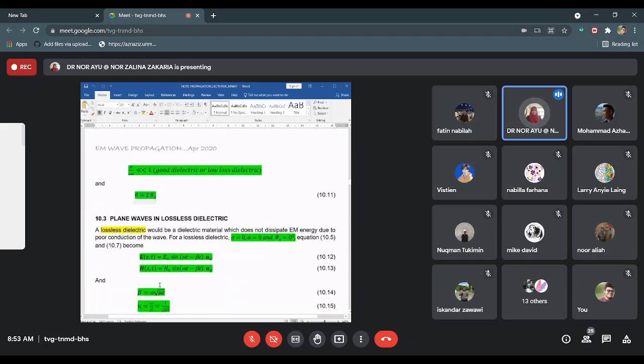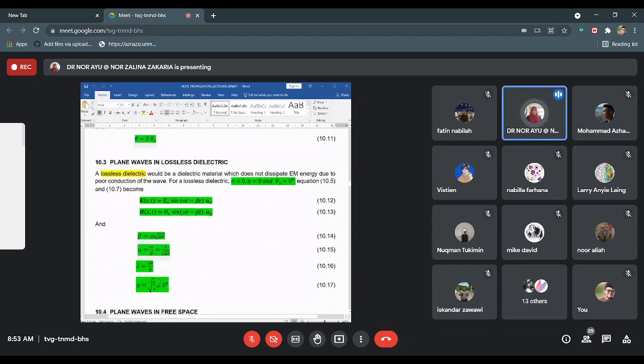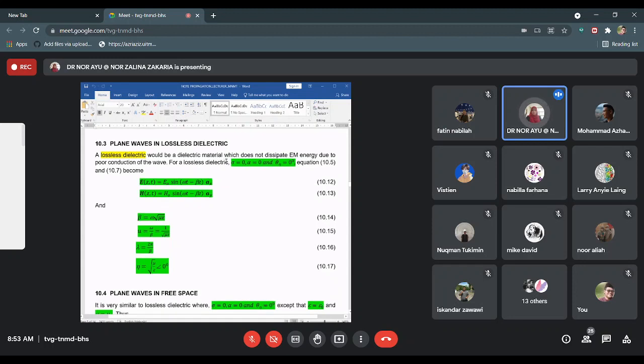Okay, next will be the plane wave in a lossless dielectric. Just now was lossy, now it is lossless. Lossless has two cases: one is free space and the other is lossless dielectric. For a lossless dielectric, all the angle values and so on will be 0.